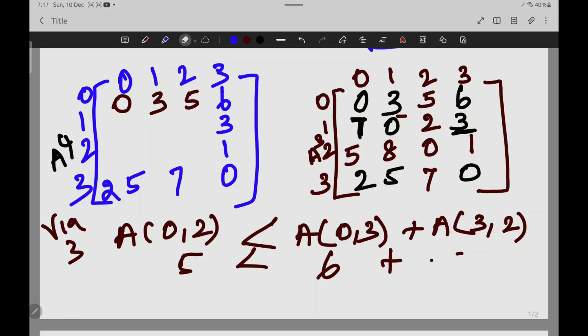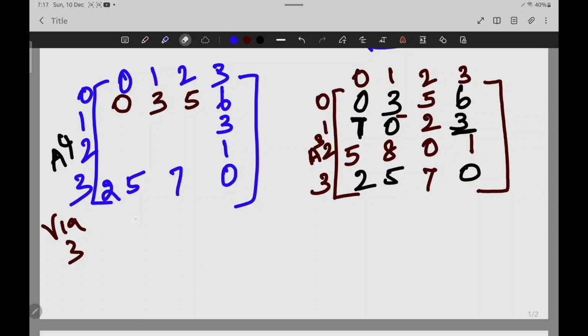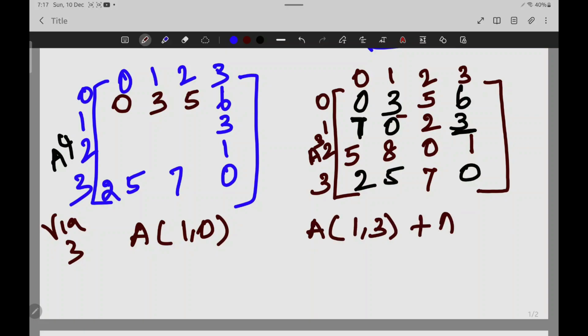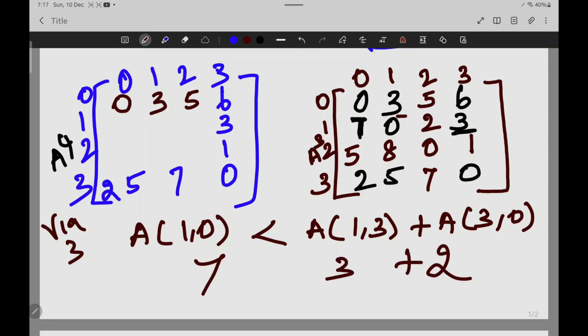Similarly, we need to find the value for the next one, that is A of 1, 0 via 3. 1, 3 plus A of 3, 0. 1, 0, 7. 1, 3, 3 plus 3, 0, 2. Here we are getting the minimum value.